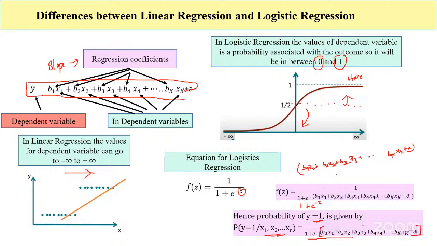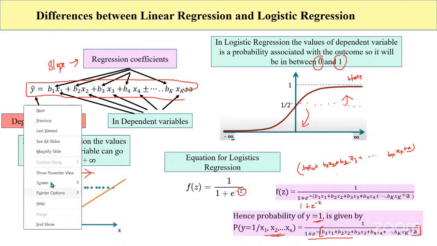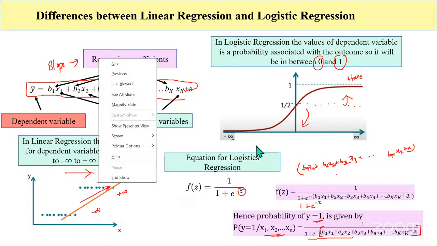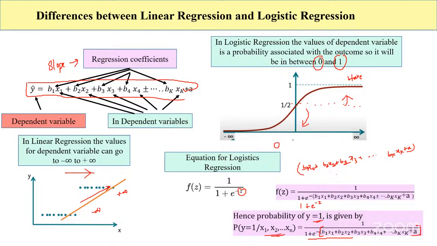Linear regression is useful for predicting a continuous variable whose value lies between minus infinity and plus infinity. It can go to any extent. As I already mentioned, it is easily impacted by outliers. But coming to logistic regression, the value is going to be either 0 or 1. The input can be anywhere between minus infinity and plus infinity, but all outputs fall into only these two categories.